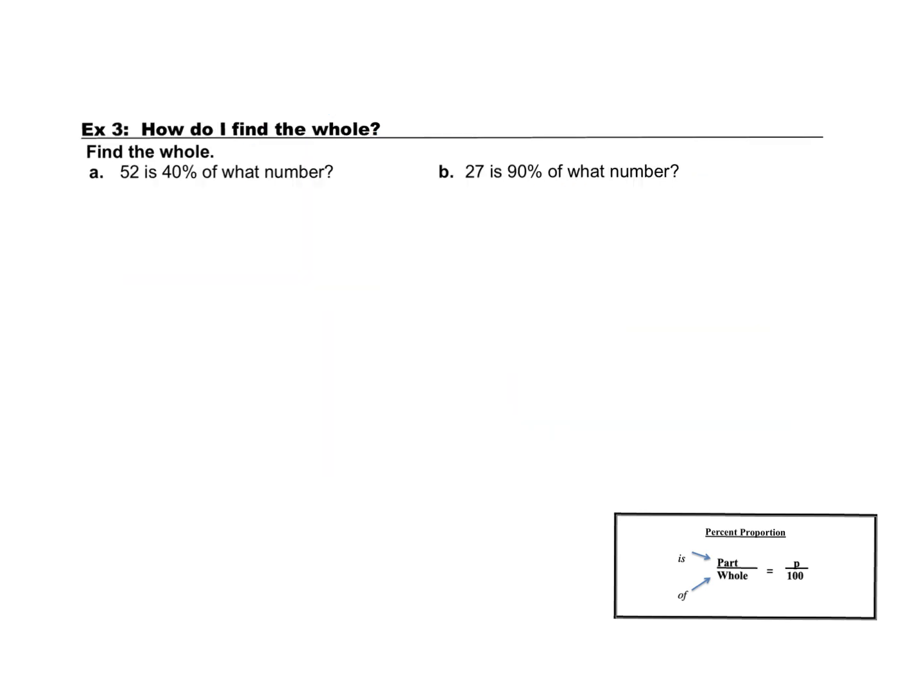All right, in our next example, how do you find the whole? For the first one, we have 52 is 40% of what number? So again, let's write our proportion. We have 40%, the 40 goes over the 100. Now it's saying 52 is 40% of what number? What we don't have is our whole, but we have 52 as our part.